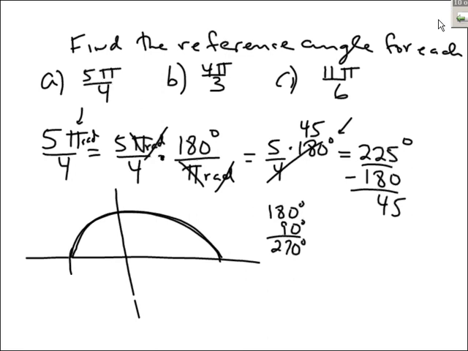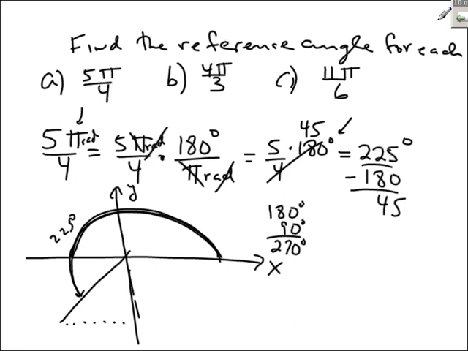So here is 225 degrees. And here's my angle. That's the angle 225 degrees. Here's the x-axis, here's the y-axis. To complete the triangle, to draw the third side of this triangle, always go to the x-axis.